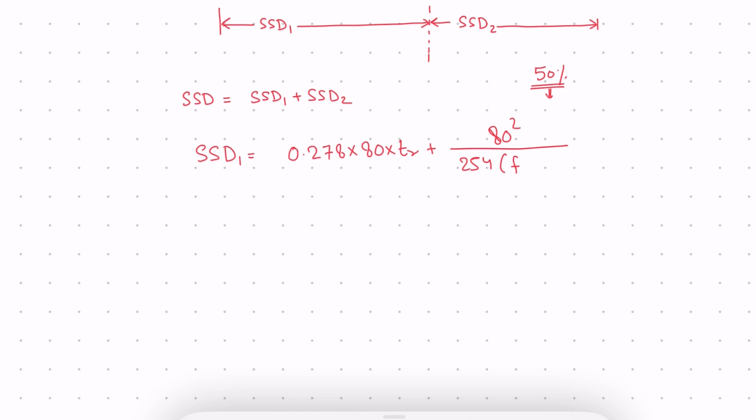Since no data regarding the gradient of the road is given, we'll assume n to be 0. Now TR, as we have seen in the previous question, since we have not been given the value, we are going to take the standard value of 2.5 seconds. The coefficient of friction we have not been given, so again we are going to take the value of 0.35.